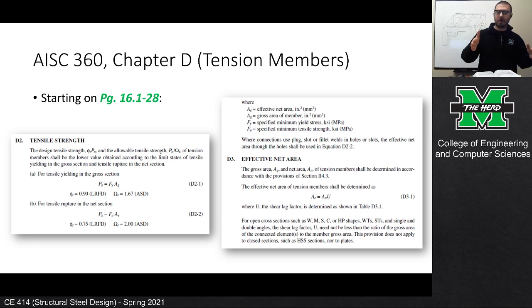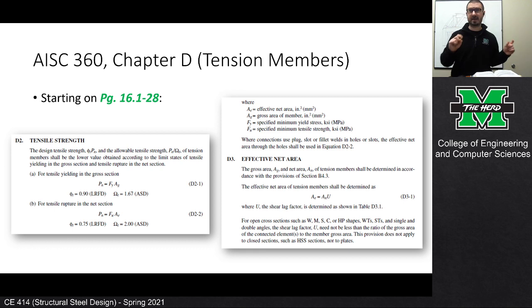So we say, okay, we're going to limit that stress to Fu, the ultimate tensile stress. But a couple of things are going to be impacted. Number one, we're not going to use the net area. We're going to use this term AE, which is the effective net area. So we're going to take the net area and reduce it a bit because of those weird stress discontinuities. That's one thing to keep in mind.